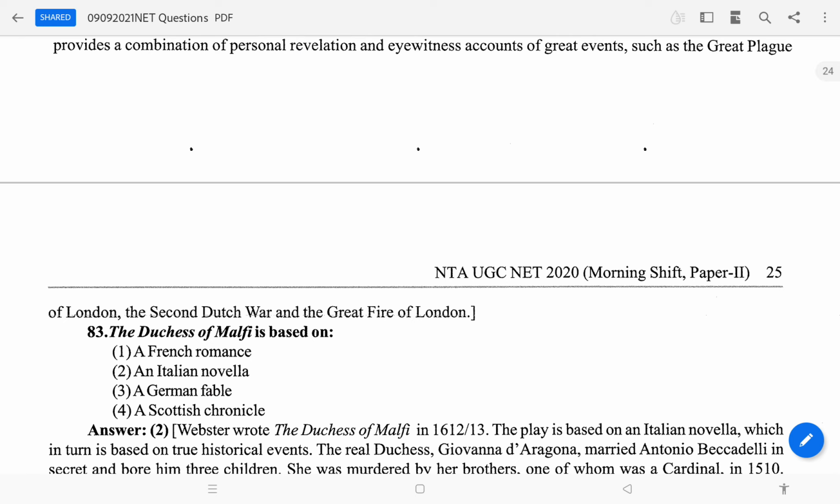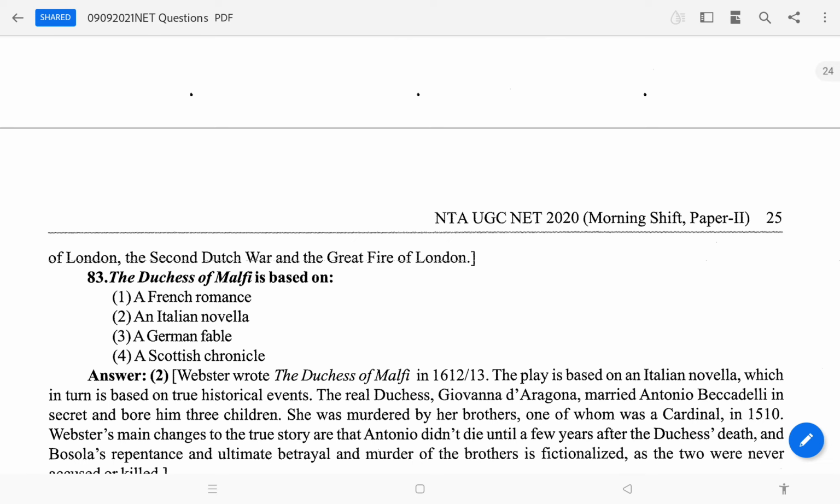So he also noted down three events: first the Great Plague of London, the Second Dutch War, and the Great Fire of London.